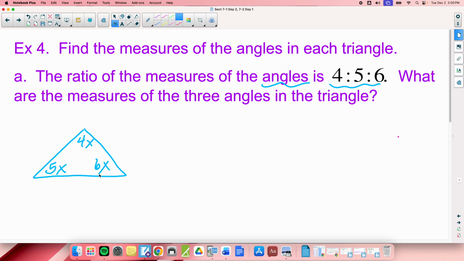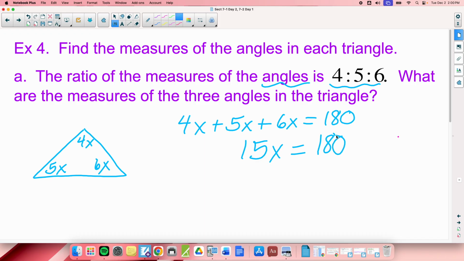So what we're gonna do is add those together, and we're gonna set it equal to 180 because the 3 angles in a triangle add up to 180. Now, 4 plus 6 is 10 plus 5 is 15x equals 180. And then I'm gonna divide by 15, and I get x is 12.